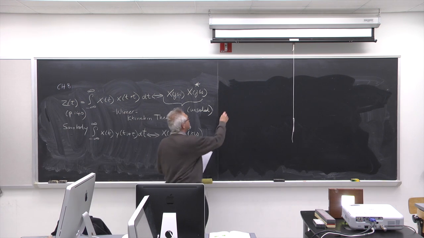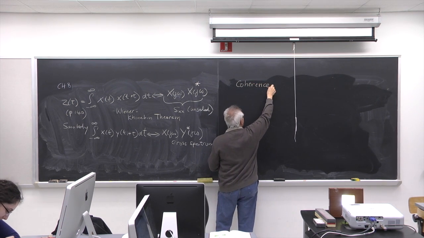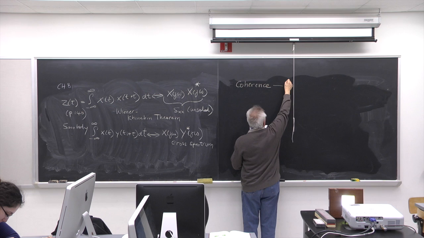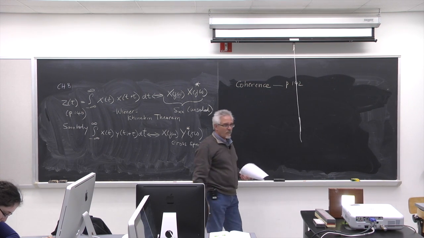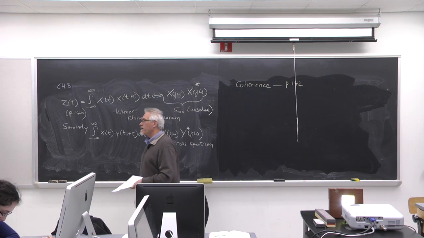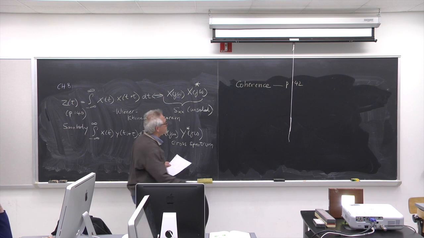So, coherence. What is coherence? You can read all about it on page 142, etc. Just let's look at what we are actually trying to do. Let's say that we have two signals, x and y.